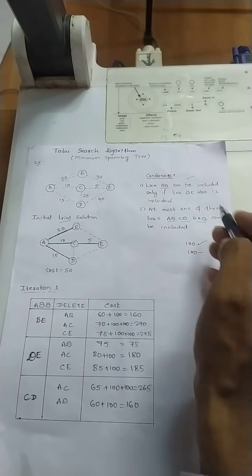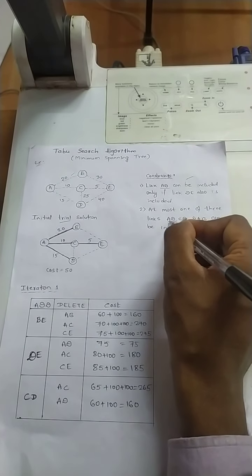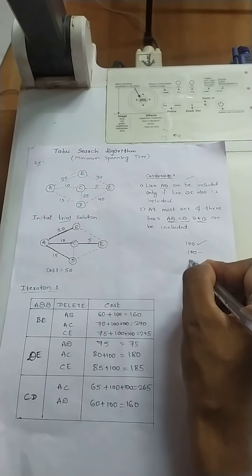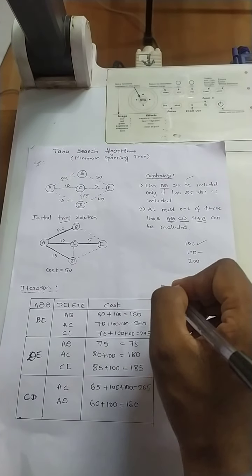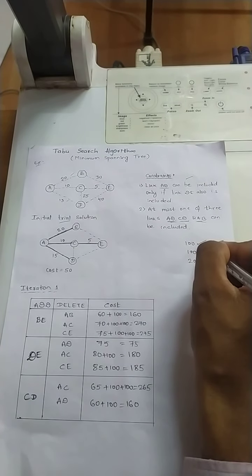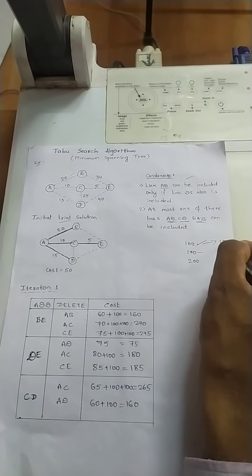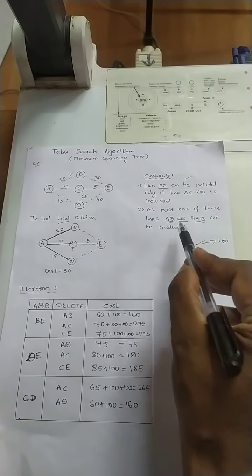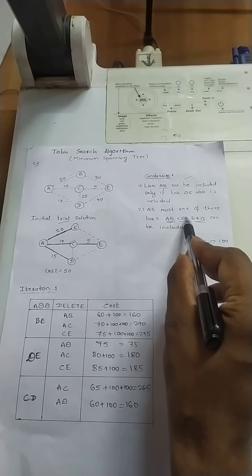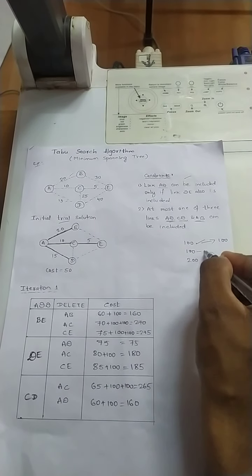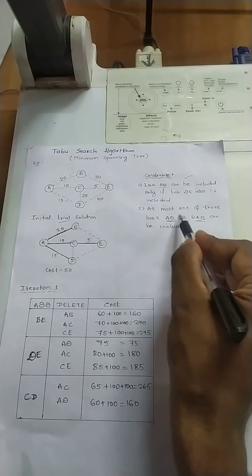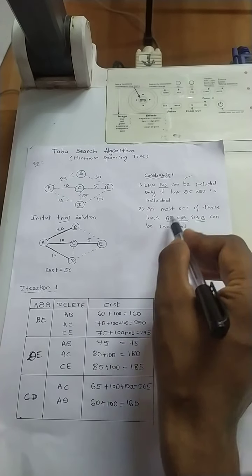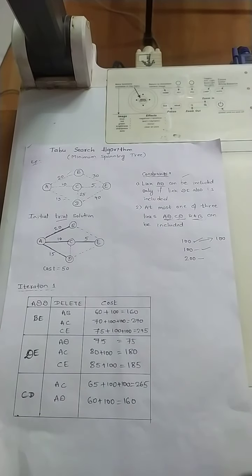If all three edges exist in our solution, then there will be a 200 penalty. I will repeat: if you violate constraint 1, there will be a penalty of 100. If you have two links out of these three, there will be a 100 penalty. If you have all three, there will be a 200 penalty.